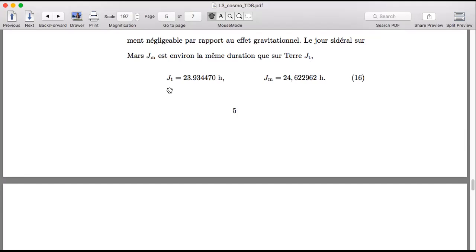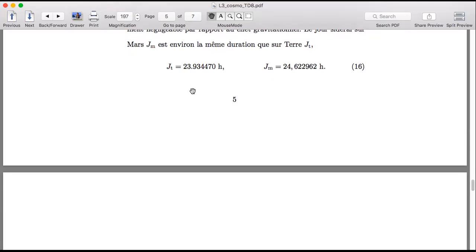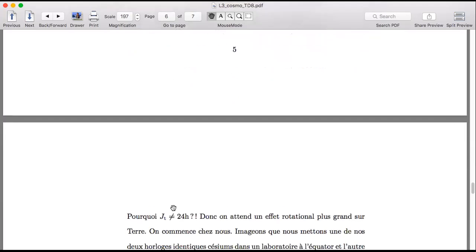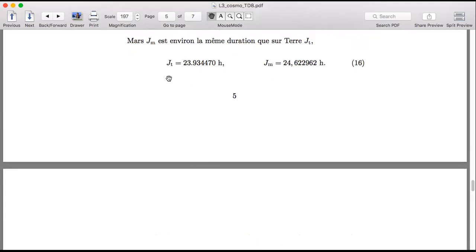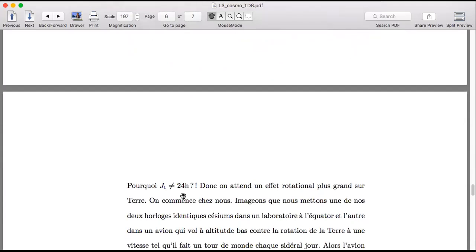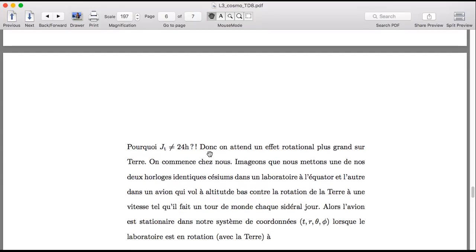Yes, the Earth is spinning around, and in exactly 24 hours we're again facing the sun. But that's not the rotation rate of the Earth, because the Earth is going around the sun, right? So we have to take into account that the Earth goes around the sun, and we know that rate.